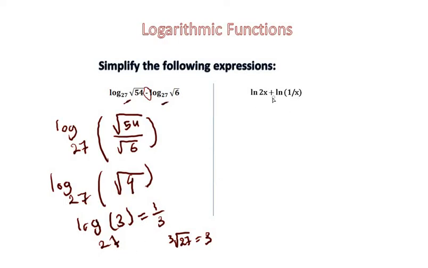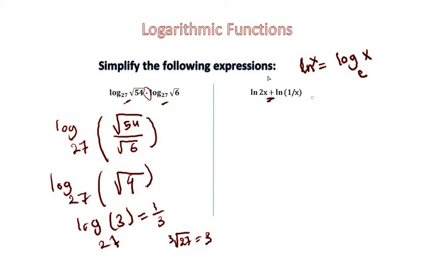Let's go to this example. Ln is the log base e of any number. So ln x is log base e of x. So it's a specific type of logarithm. Here, ln 2x plus ln 1 over x. We have addition and they have the same base, or they are both ln.